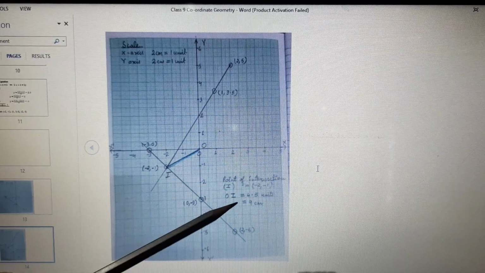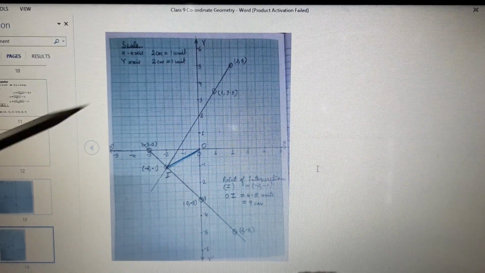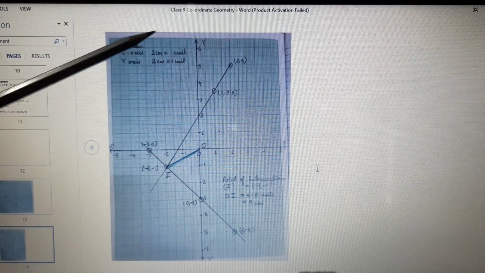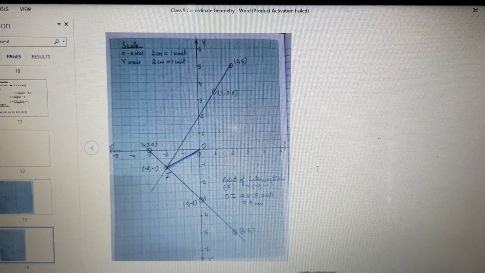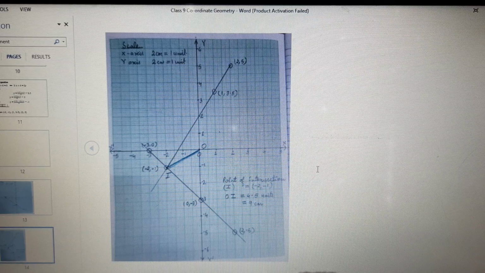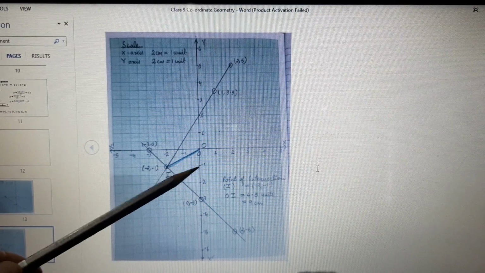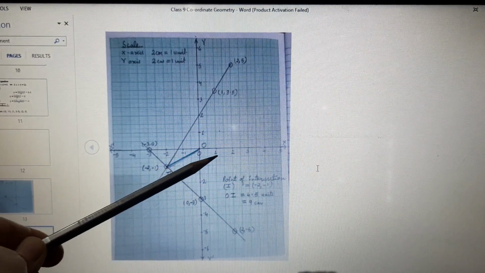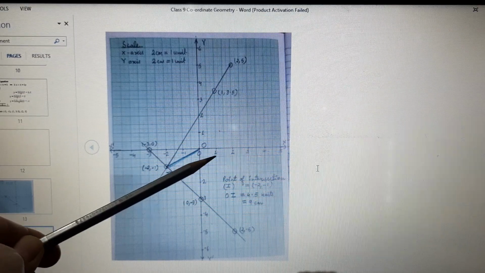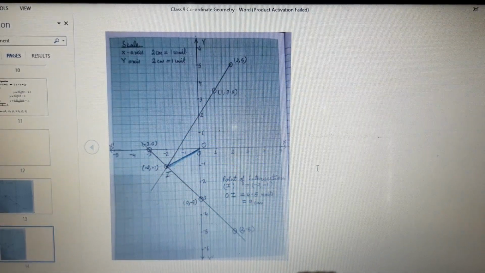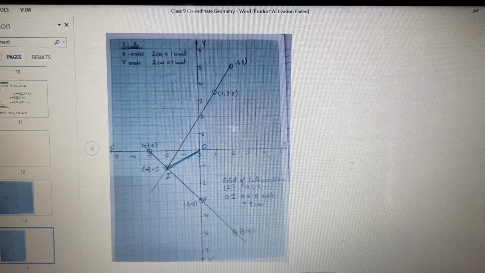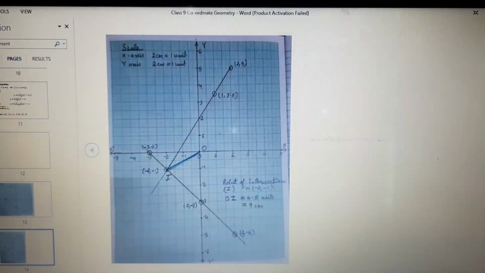So if it is 4.5 units, then in centimeter it will be double. Are you getting it? Clear? So it will be 9 centimeter then. Otherwise also you can see, 1 unit on the graph, and if we measure it, it becomes 2 centimeter.